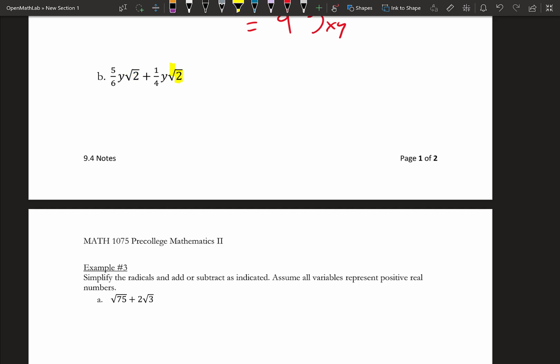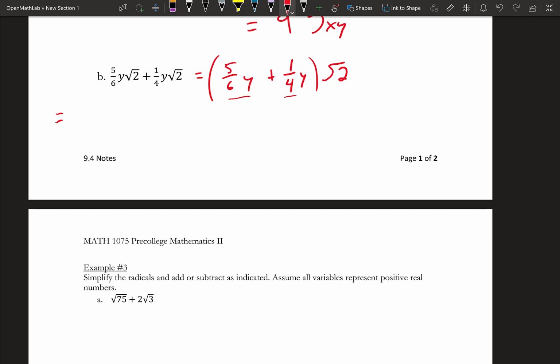So if we factor that out, we would have 5/6 y plus 1/4 y times radical 2. Then I want to add these two things together, and these two things are like terms. They have the same variable with the same exponent, so I can combine those two things.